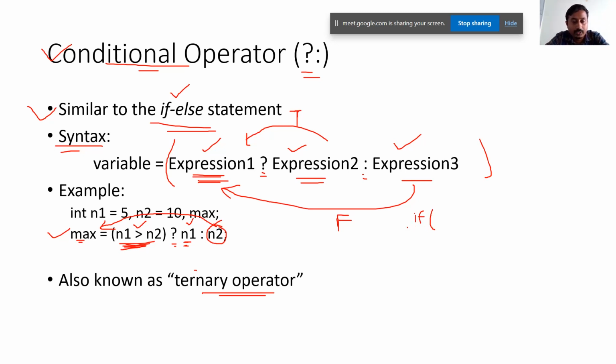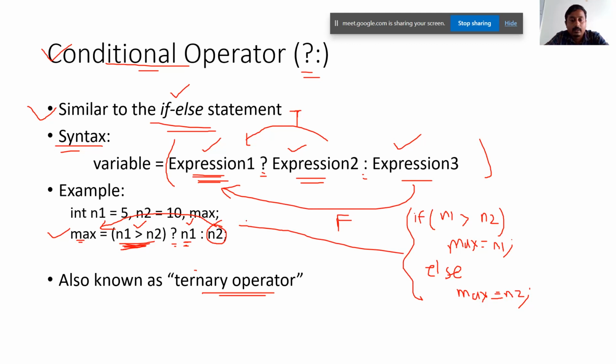So the equivalent code will be: if n1 greater than n2, max will be n1, else max would be n2. Now instead of these 4 lines we are able to implement that logic in a single line. That's why it is known as a shorthand of the if else statement. When the logic is very simple we use the conditional operator.